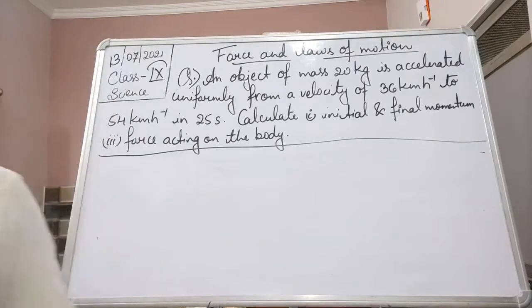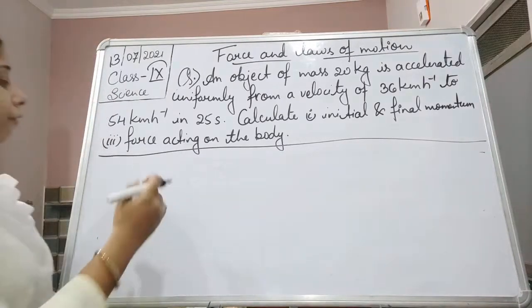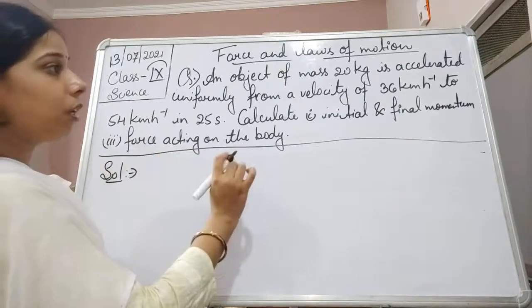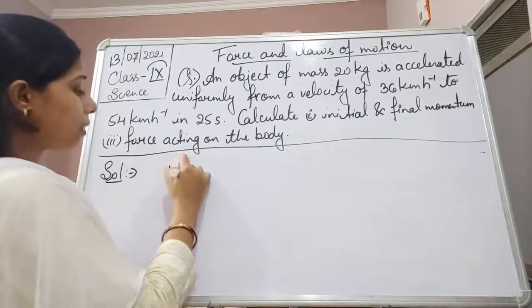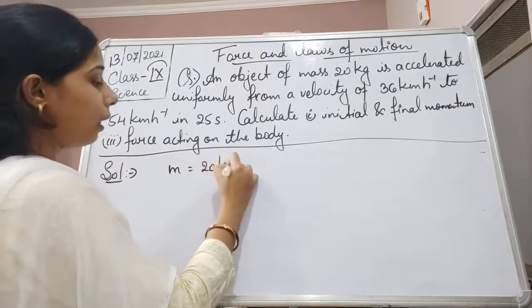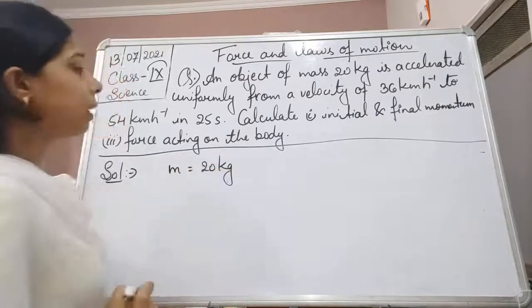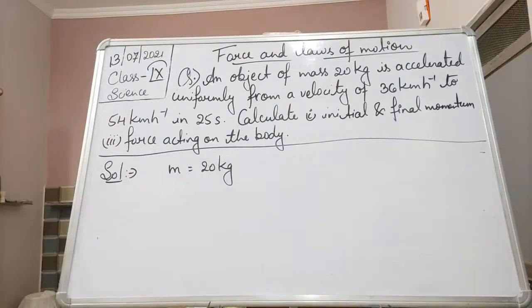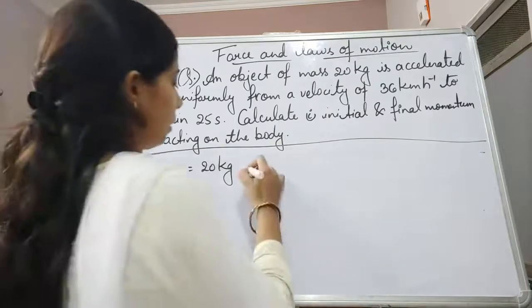So let us start with what is given here. The object has the mass, so mass is given, that is equal to 20 kg, and it is accelerating uniformly with the velocity. So initial velocity and final velocity are given.